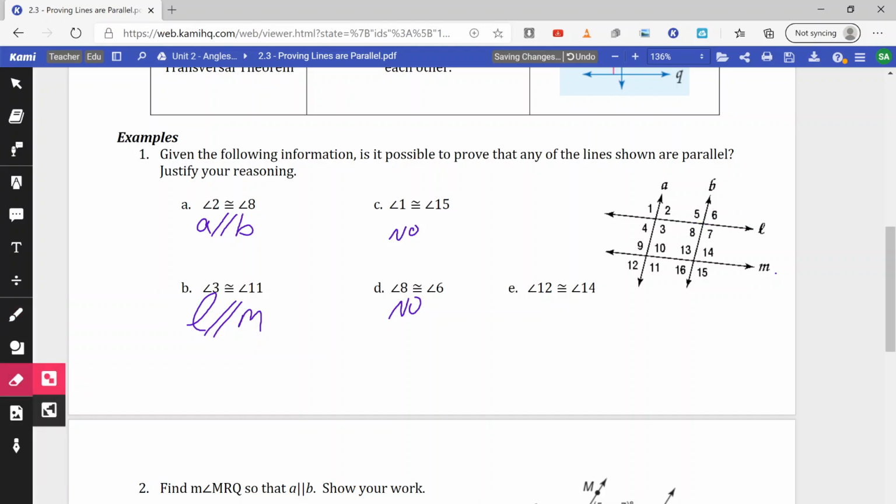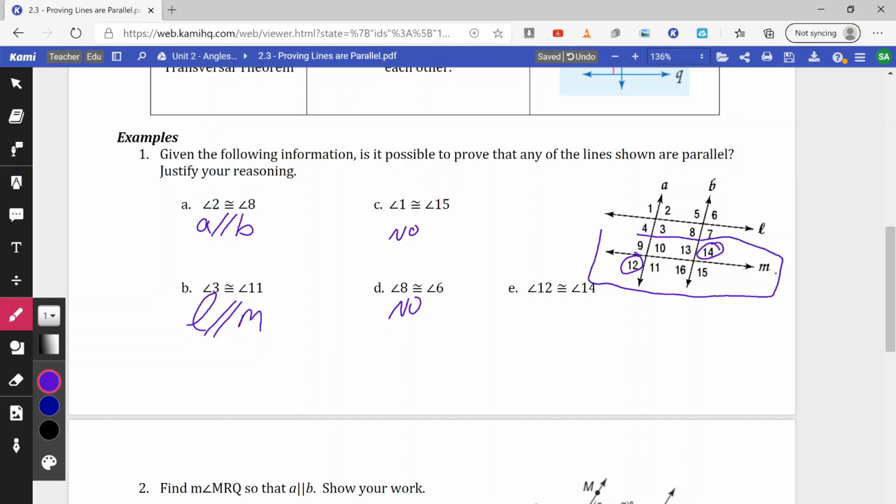And then last but not least on this one, we are told 12 and 14. I want to look at this relationship because here we have 12 on the bottom left and 14 on the bottom right.